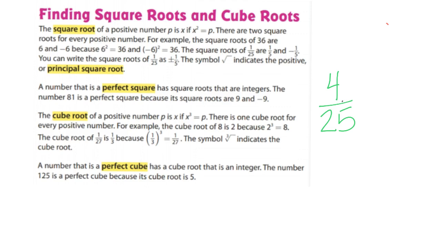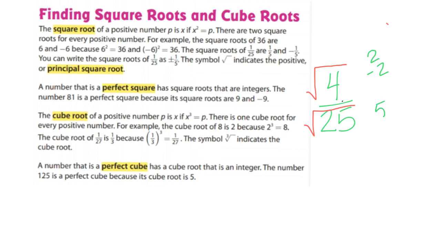all you do is think about, okay, so what's the square root of 4? Think, what's the square root of 25? Well, the square root of 4, that can be a positive 2 and a negative 2, because 2 times 2 gives you 4, and negative 2 times negative 2 gives you 4. Think about 25. So what's the square root of 25?